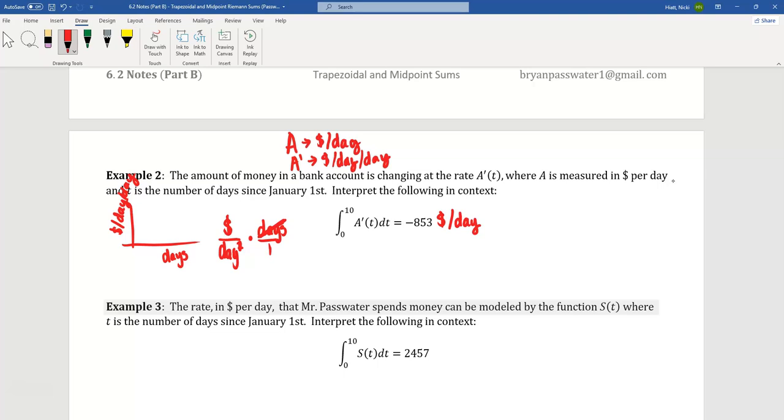Anytime you do any of these, you need to start off with your time frame. In this case, you could say January 1st to January 10th, or I would just do t equals 0 to t equals 10 days. The A prime, in dollars per day, is going to be the rate that the amount of money changes.